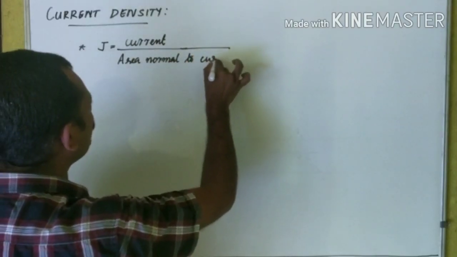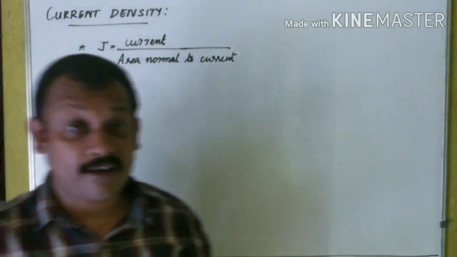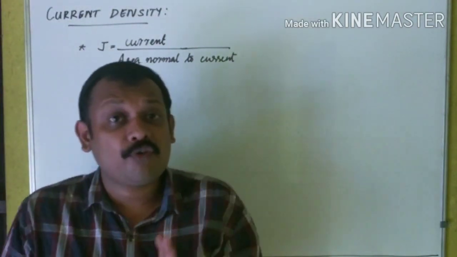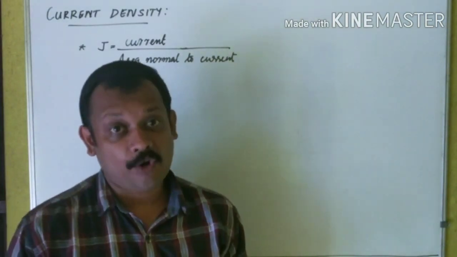So current density J is the magnitude of electric current flowing per unit area normal to it.